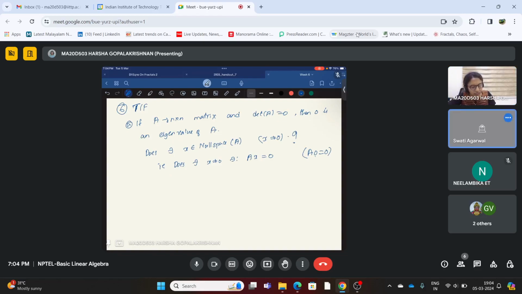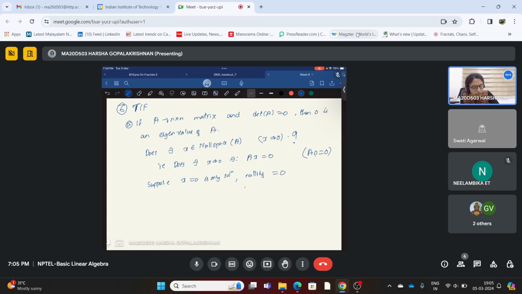What we are having is, suppose X equal to 0 is the only solution. That means nullity equal to 0, because there is no non-zero solution.